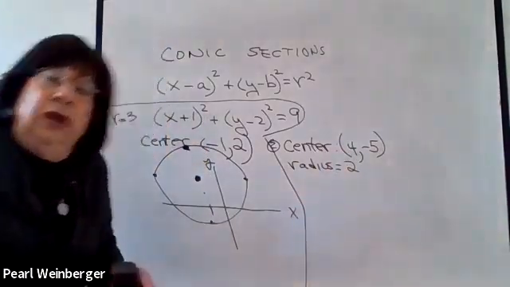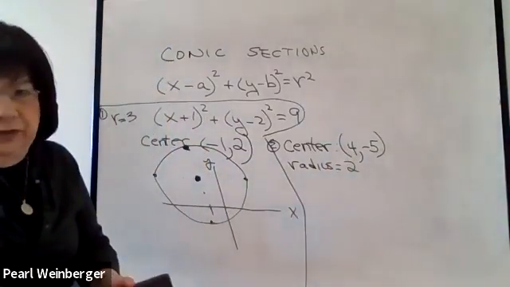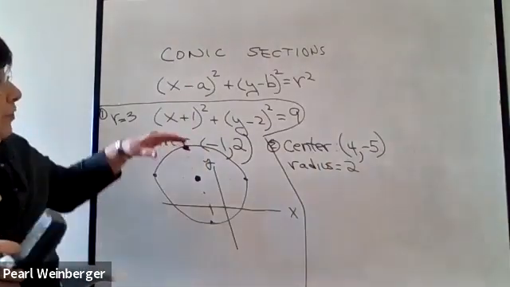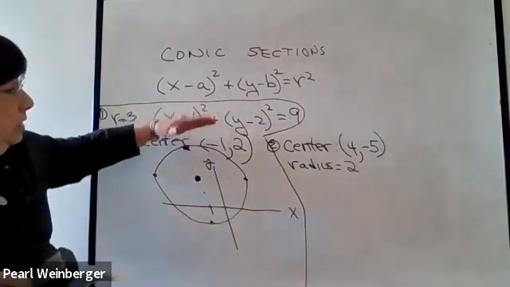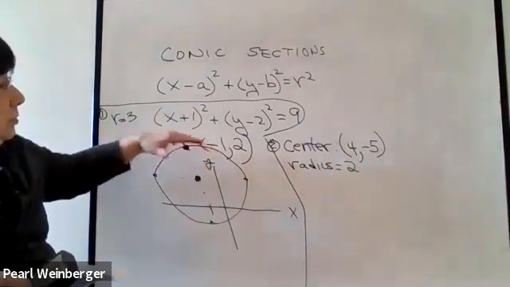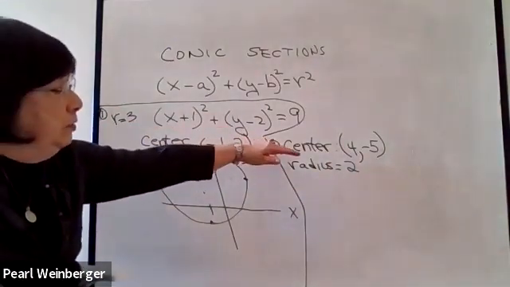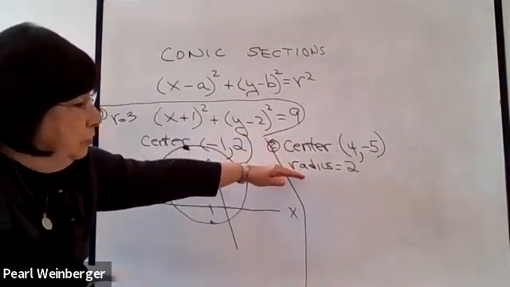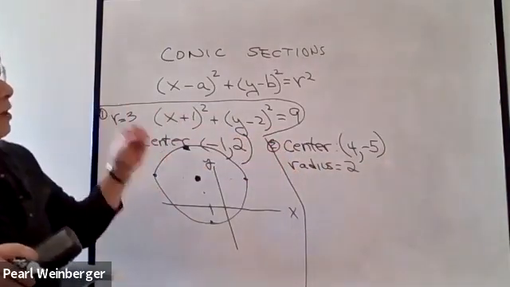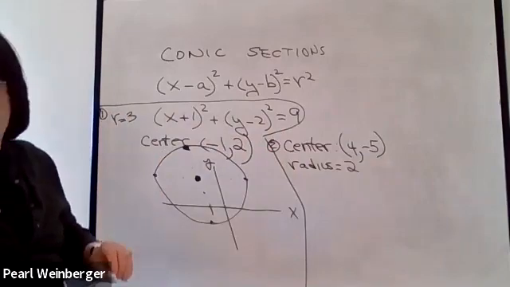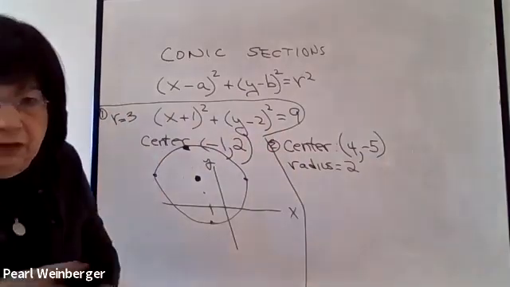See if you can write the equation of this circle. Over here, I gave you the equation and I asked you what's the center and the radius. Now we're going backwards. I'm telling you what the center and what the radius is. I want you to write the equation of the circle. I'm going to give you a minute to think about this.